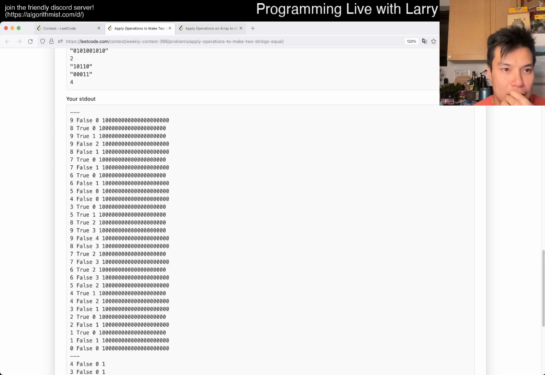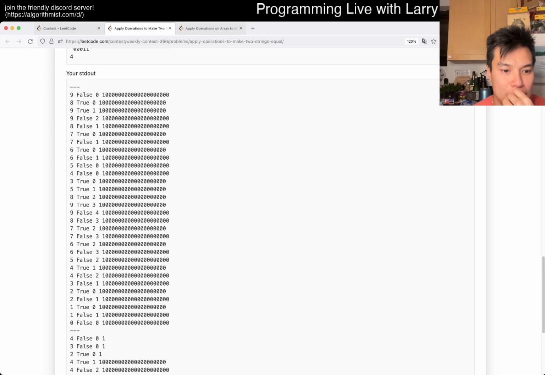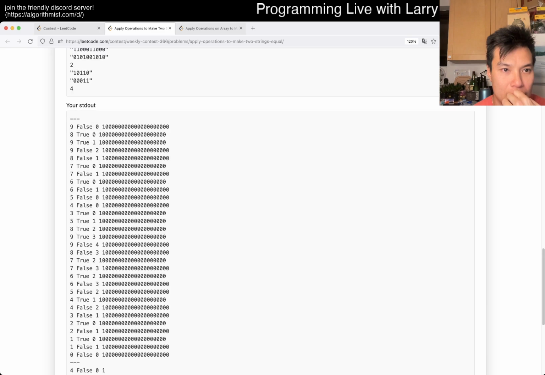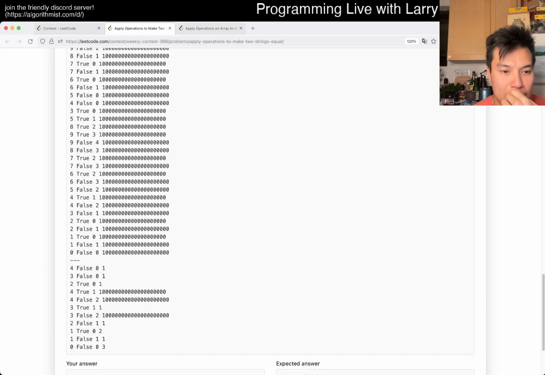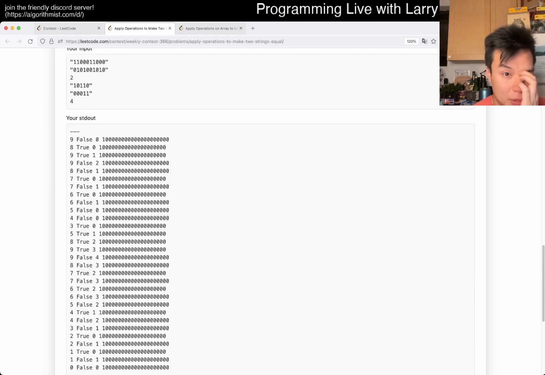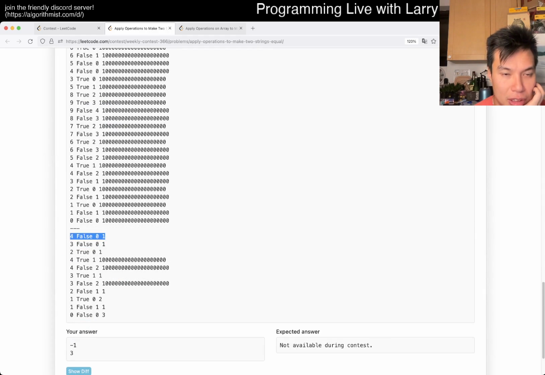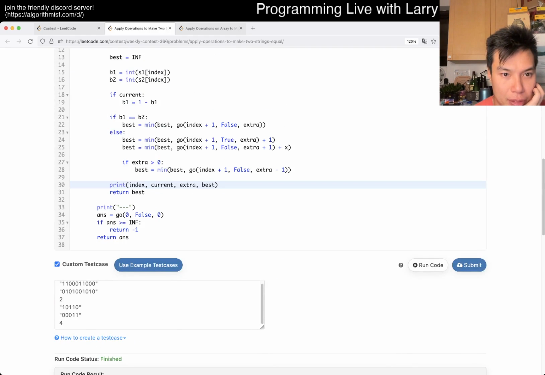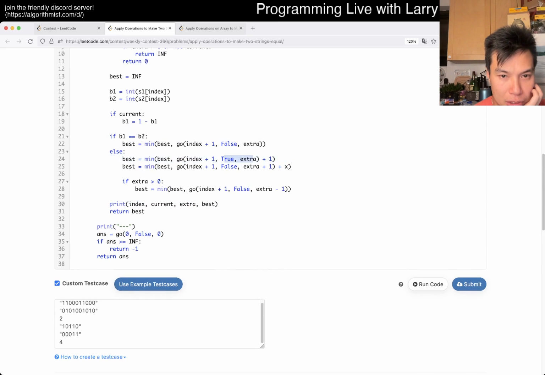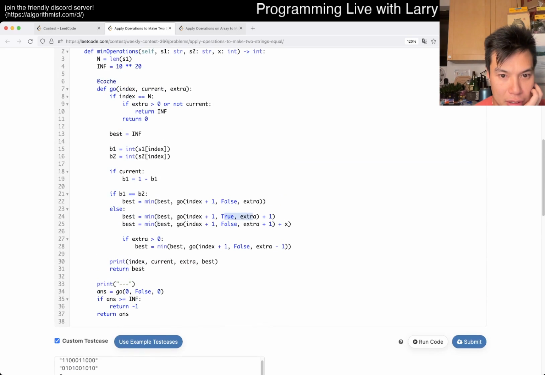So then now we have 2 true and 0, and that's good. But then now we have 3. 3 false and 0 should not be returning a number because it goes to false. Oh, it goes to 4 false and 0. Yeah, 4 false and 0, so this goes to 5. This is true, so this is going to return infinity. Right? This is also going to return infinity. So why, how?